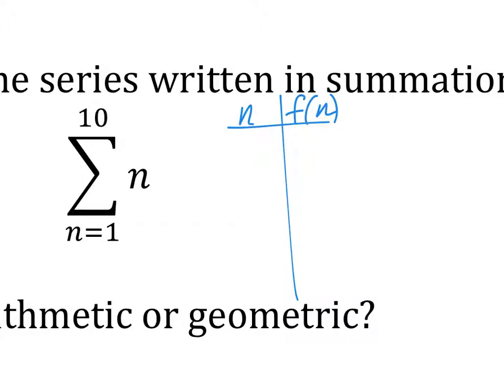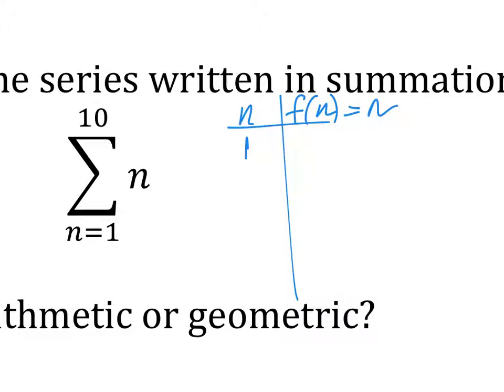In this case, what is f of n? No, what is the function in this formula? n. Okay, look at your previous page if you forget. It's equal to n. What term number am I supposed to start on? 1. And I go up to what number? 10.